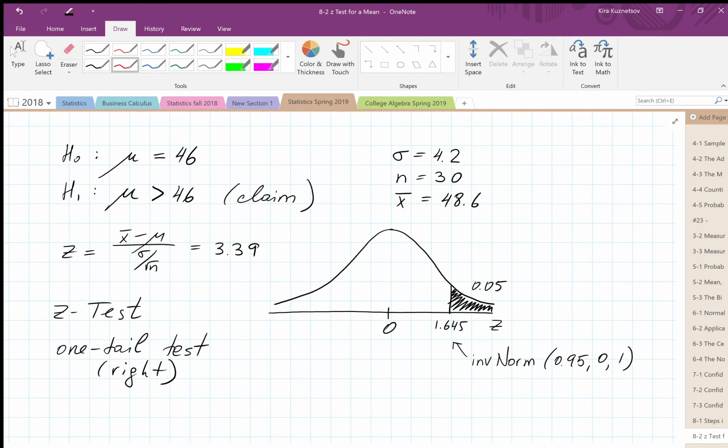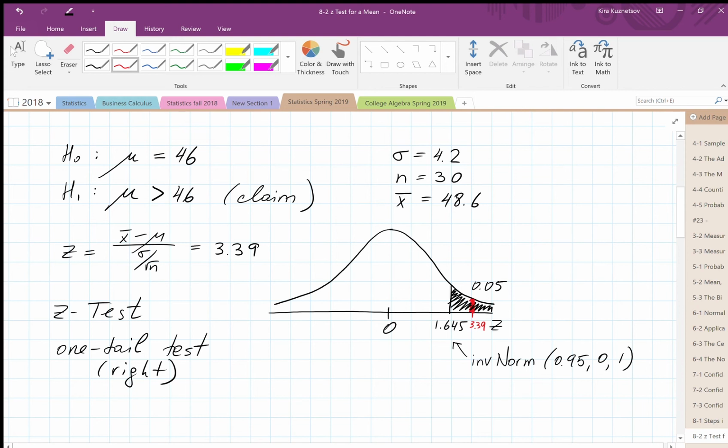Notice that if this is my 0, 1.645 is the number to cut off the critical region. 3.39 falls inside the critical region.